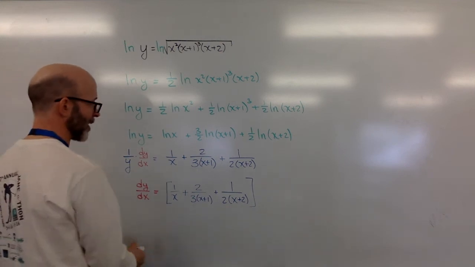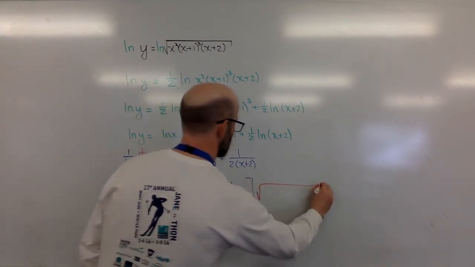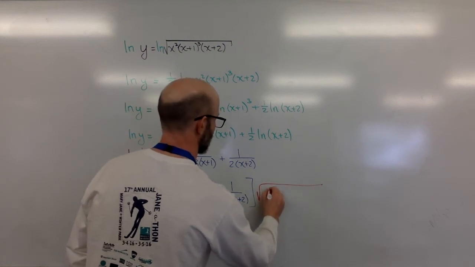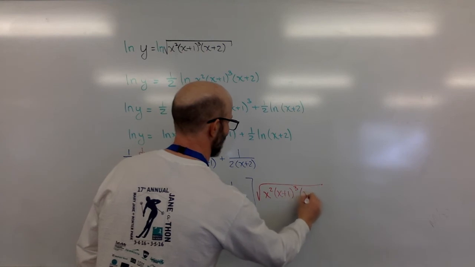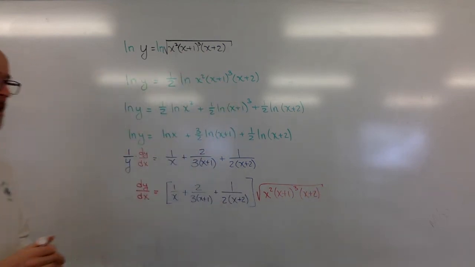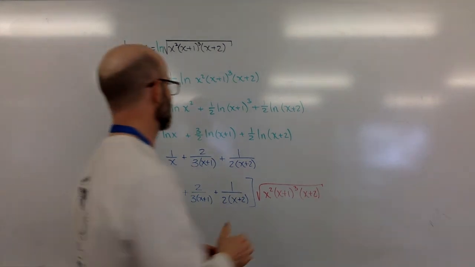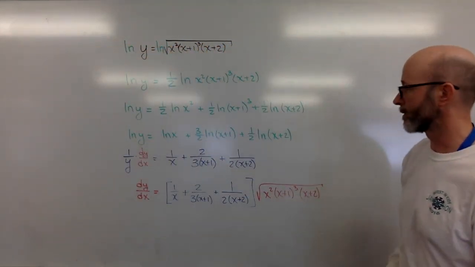So when I multiply both sides by y, what the heck is that? Well, don't forget, ladies and gentlemen, at the very beginning, y was equal to this long square root.